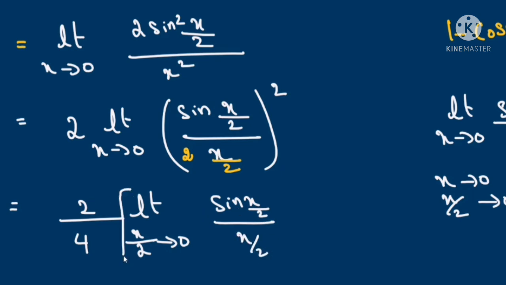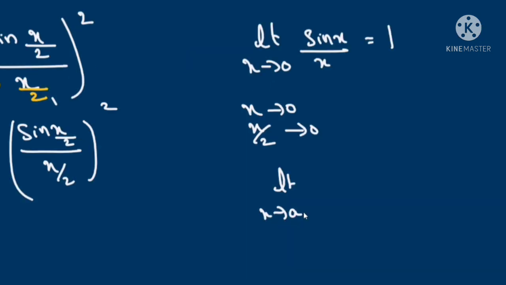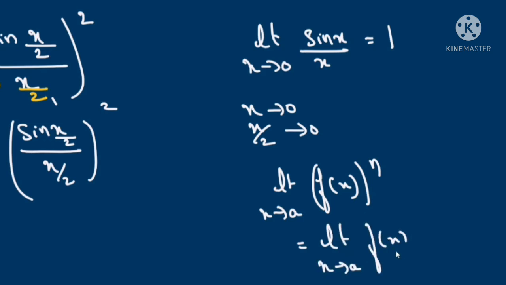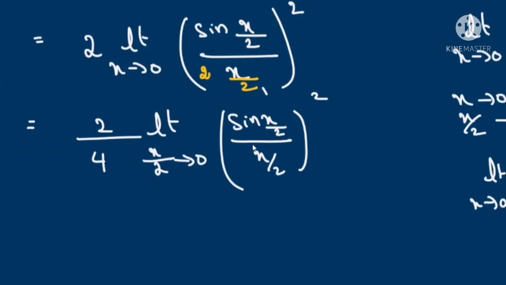You can write it as the whole power 2. So we know that limit x tends to a, f of x, the whole power n, you can write it as limit x tends to a, f of x, the whole power n. Both are same. So this is equal to 1.